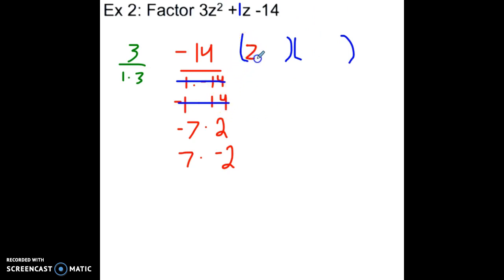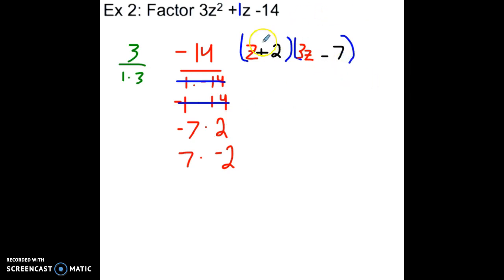So I'm going to start out with z and 3z in front. And let's see, if I take 3 times 2, that's going to give me 6. So since I'm going to have to multiply the 3 and the 2, let's put my 2 there and then negative 7 here.